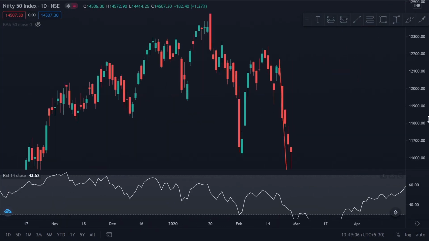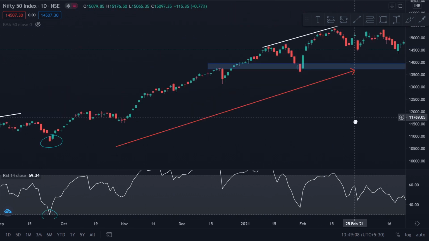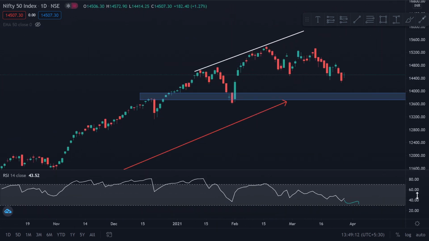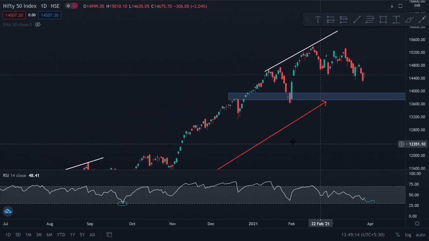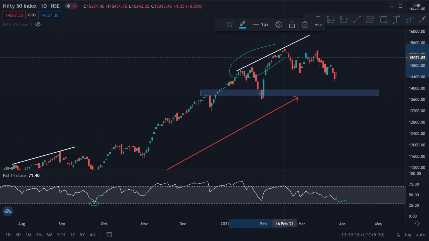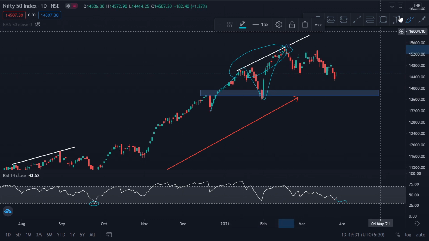This is the current Nifty chart. These were the drawings I had made yesterday. So if I look at Nifty, here I had drawn this white line from the higher high to the previous higher high, right? Now Nifty obviously was in an uptrend till this point. So how did I spot a reversal?